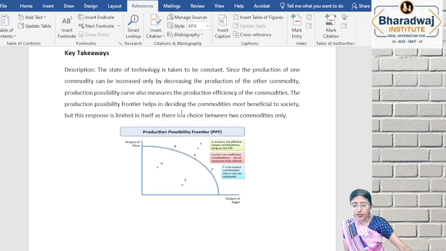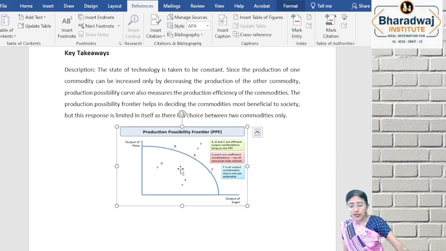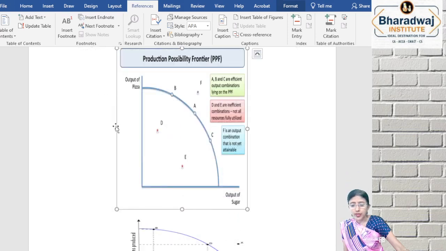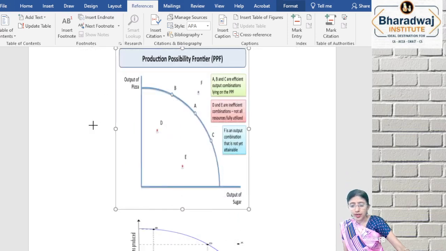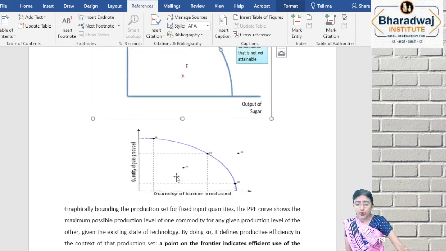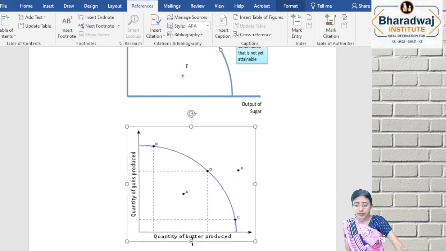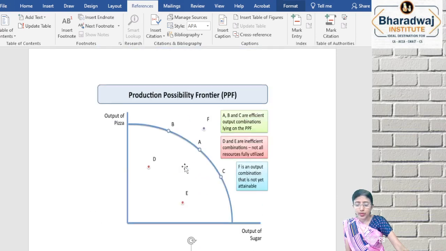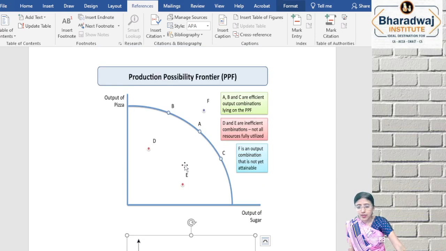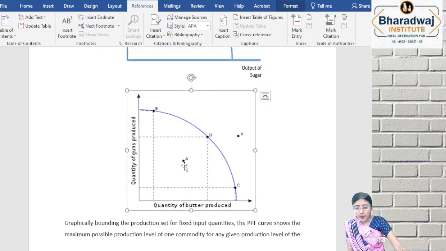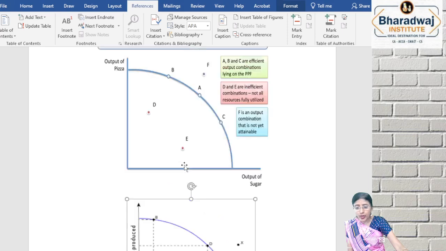Production possibility curve. What should I know? This diagram is more than enough, because it's a graph based question. Two diagrams are given. Mark the two diagrams as important. It is a two commodity model.